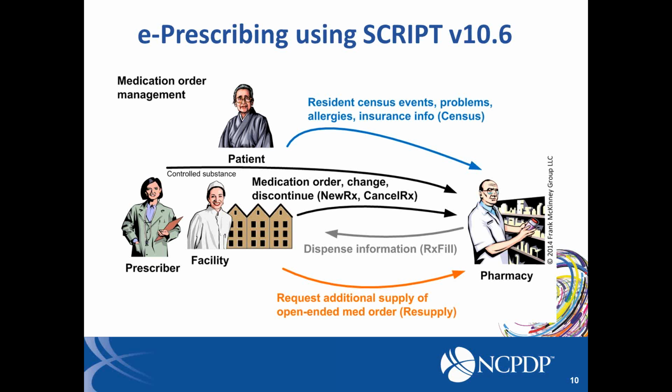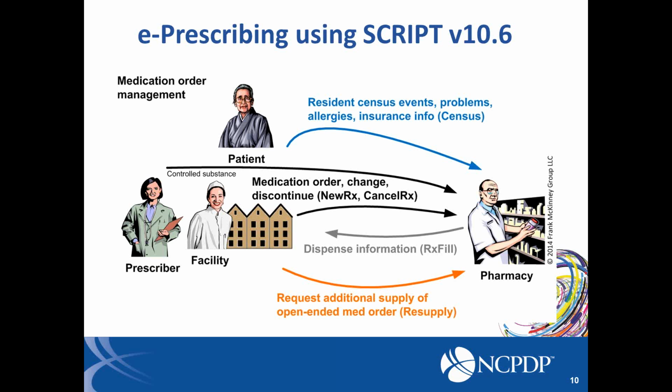And then in the event of a changed order, the process would be basically the pharmacy would receive electronically a cancellation on the original order, and then a new Rx for the new order. Also, with the bidirectional functionality of SCRIPT, once the pharmacy processes the order within the pharmacy, a message would go back to the facility's EMR system.